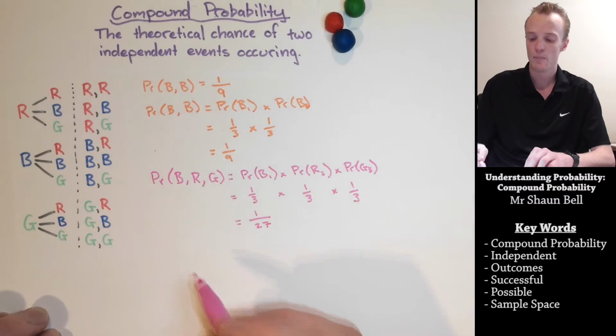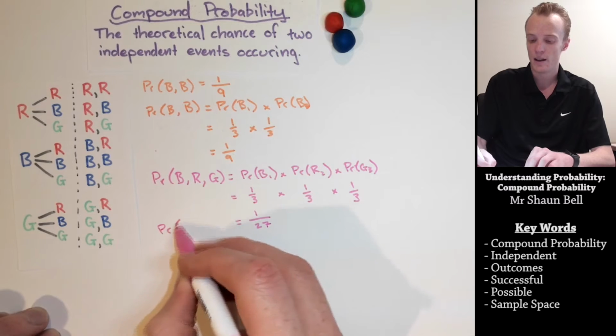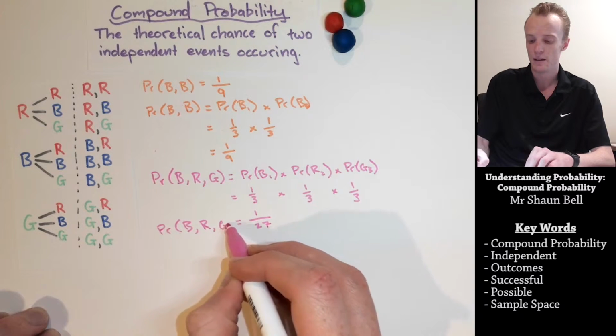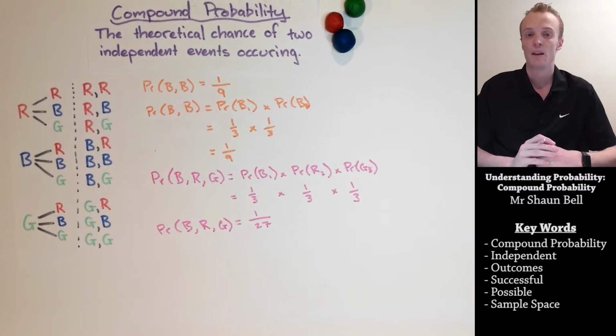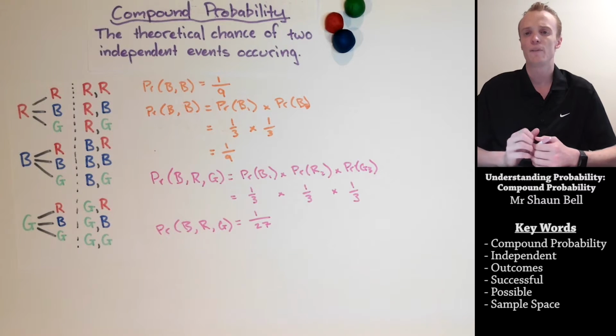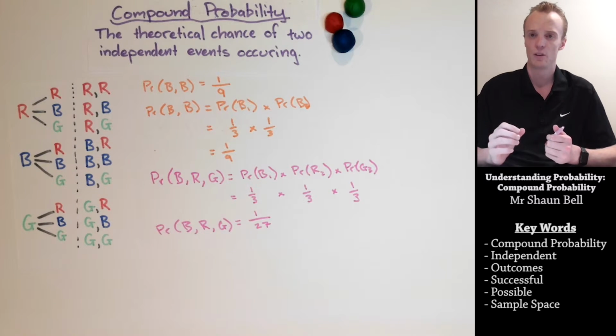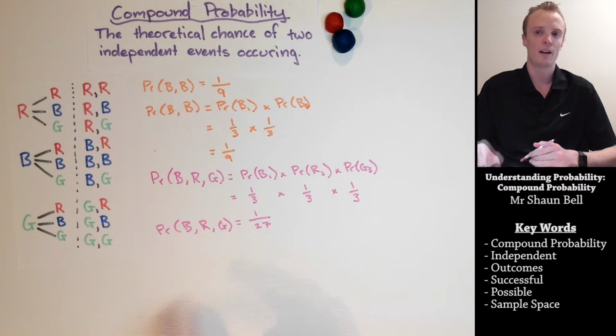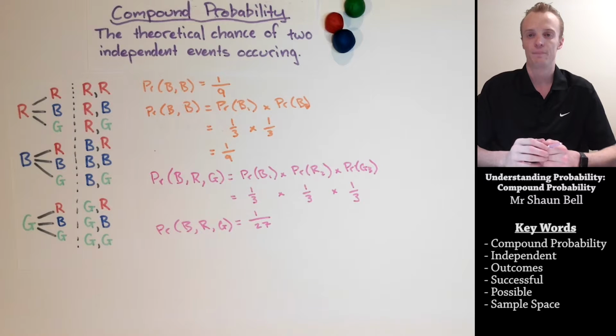So our probability of getting a blue, a red, and a green in that exact order is 1 in 27. Now, it is important to understand that this will only work if you're calculating it for a certain order, and not the chances of getting a blue, a red, and a green in any order.